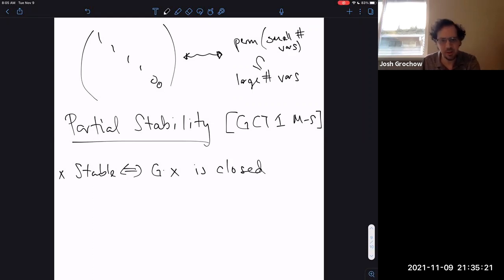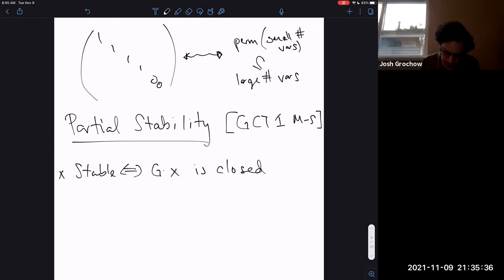We'll just say stable points mean the orbit is closed. And I guess we're excluding the zero orbit, right? It should also not be in the null cone, by fiat, but if you're in projective space, then you're fine.